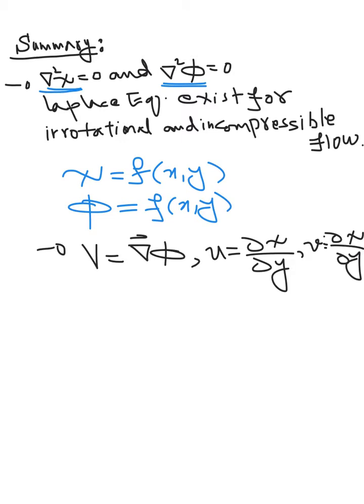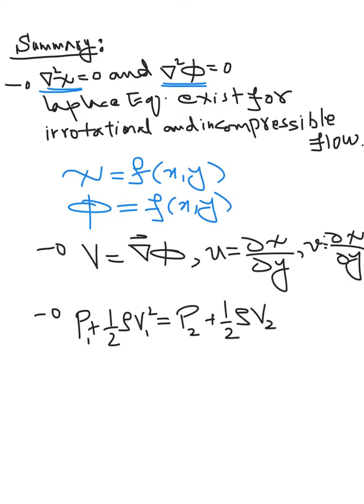Now once we have the velocity, the pressure can easily be obtained by utilizing Bernoulli's equation, which is this equation. I can write down this equation for two points. So this is the strategy that we follow for solving a typical fluid dynamic problem.